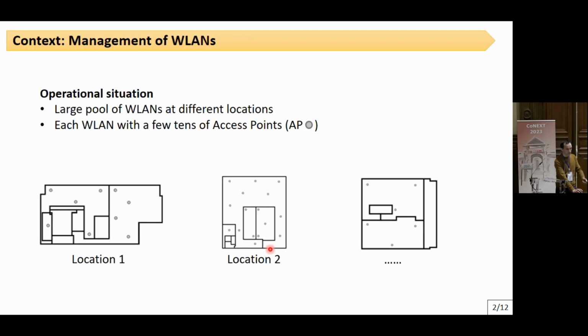The context is the management of WLANs, where in an operational situation, administrators need to manage a large pool of WLANs at different and possibly distant locations. You can see below some pictorial representations of a subset of locations from satellite view, where we expect that each WLAN contains a few tens of access points represented as gray dots.